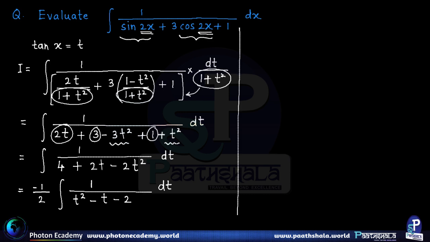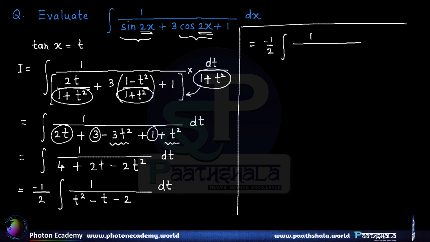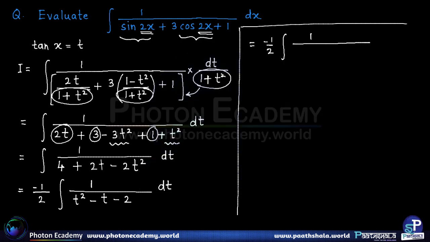Now this will get simplified as follows. Here we have minus 1 by 2 integral of 1 upon, and we have to complete the square in the denominator. As we already have t square minus t, to complete the square we need plus 1 by 4, isn't it?